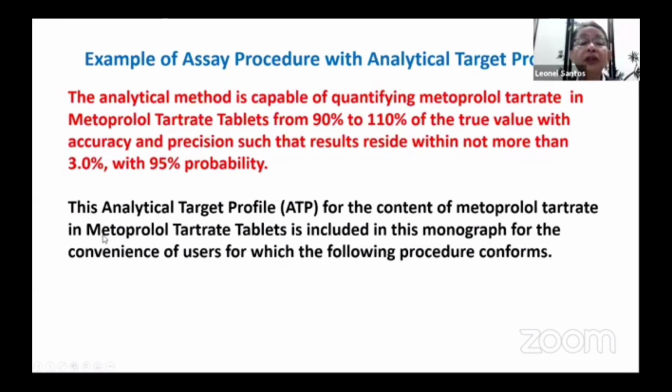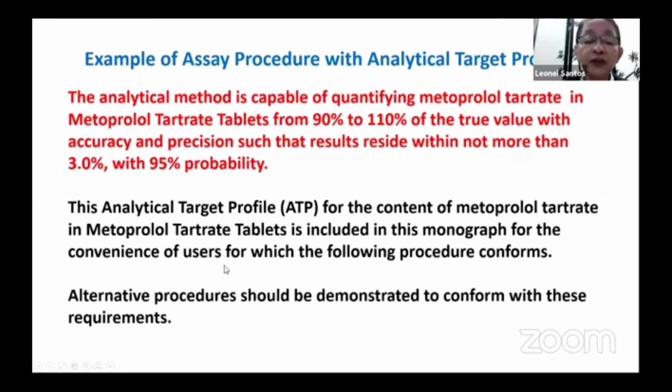Also, this ATP for the content of metoprolol tartrate in metoprolol tartrate tablets is included in this monograph for the convenience of users, for which the following procedure conforms. And finally, if you have an alternate procedure, it would say that the alternative procedure should be demonstrated to conform with these requirements.